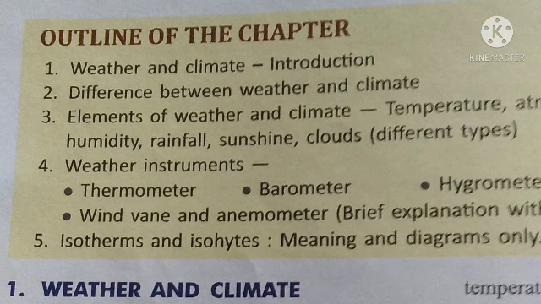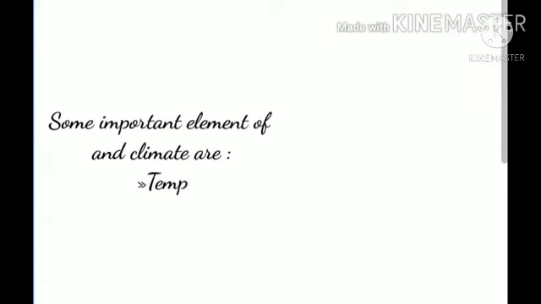Now, weather and climate of a place or region are based on various elements like temperature, pressure, wind, precipitation, humidity, etc. But what are the main elements of weather and climate? The main elements of weather and climate are temperature, atmospheric pressure, wind, humidity, precipitation, sunshine, and cloud.